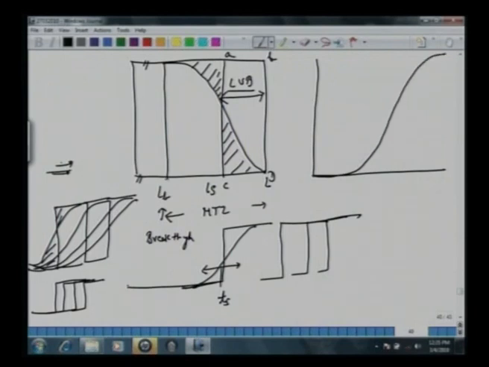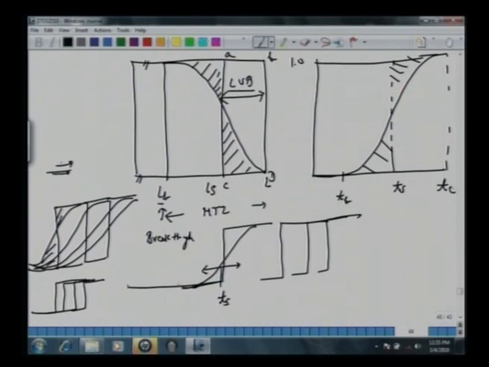When the profile has reached the last stage of this MTZ, there will be a TB, the breakthrough time, corresponding to this LB. There will be a TS, so that this area is the same as this area. And then finally, when the bed gets saturated, we have T equilibrium.